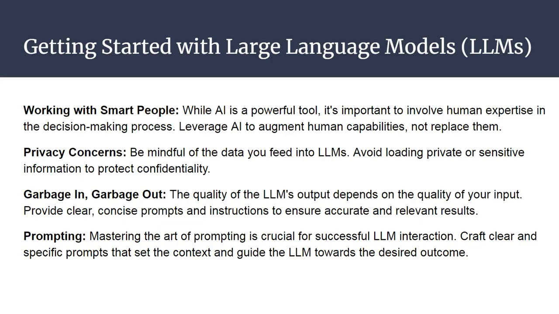So we start figuring out how to get into this, right? We have a couple of overarching things, right? We think about, while it's very powerful, it's very important to have human expertise in this, right? You got to double check what it says.